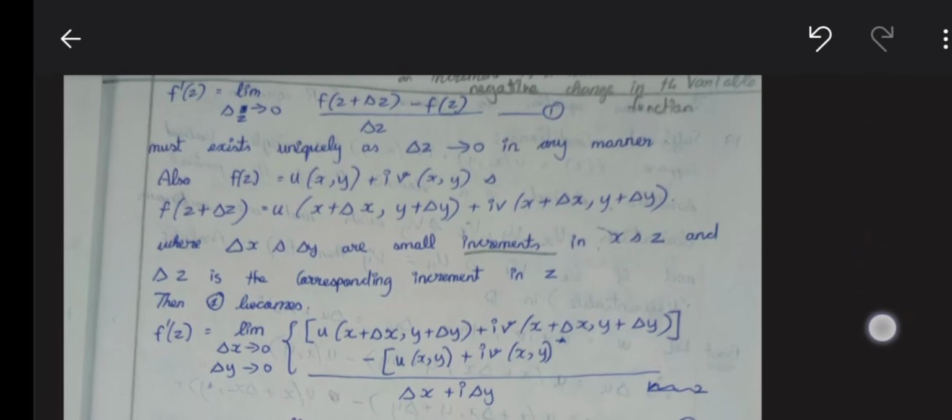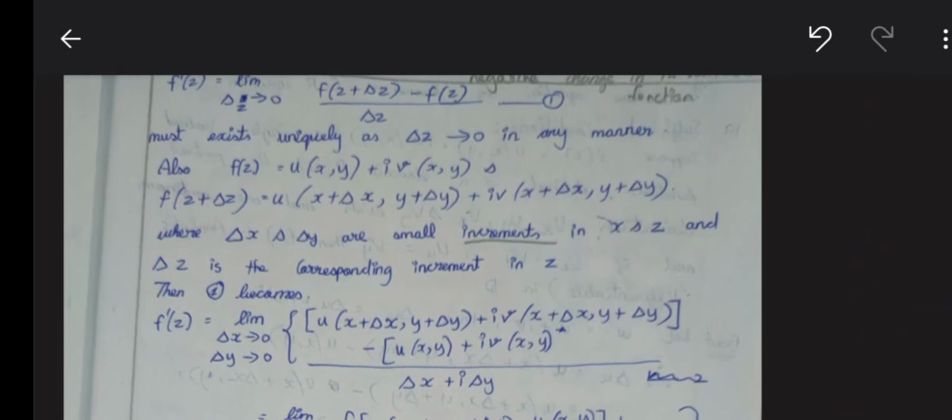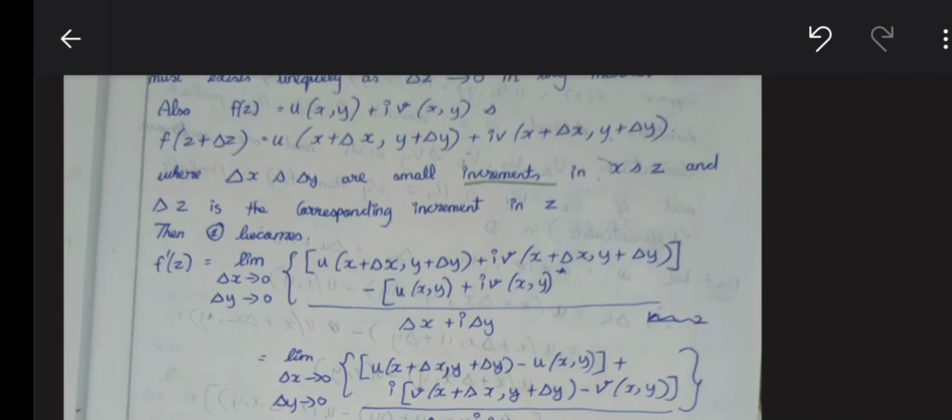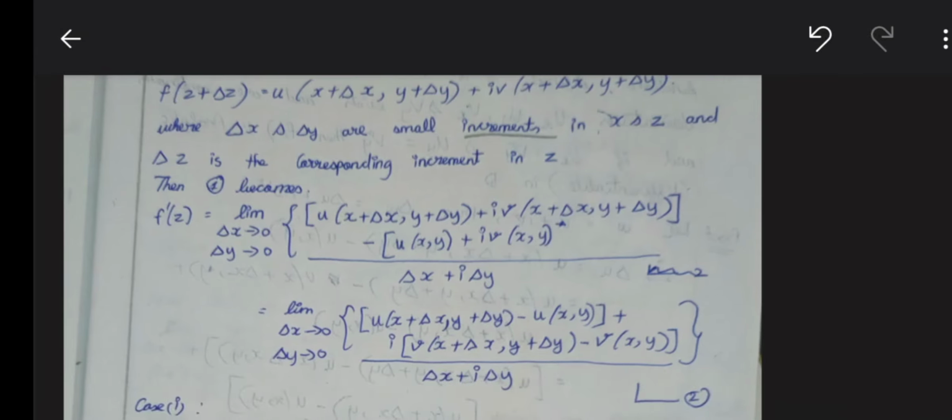They mean these small increments in x and y, and delta z is the corresponding increment. Corresponding means x and y are on one side in the plane and z is on the opposite plane. It probably looks like a three-dimensional plane, x y z.